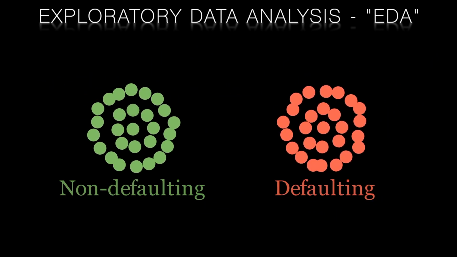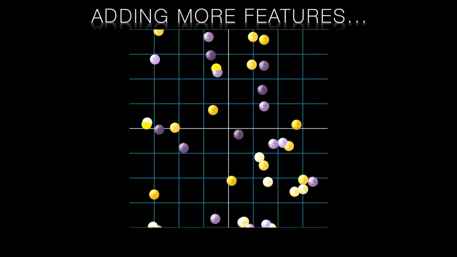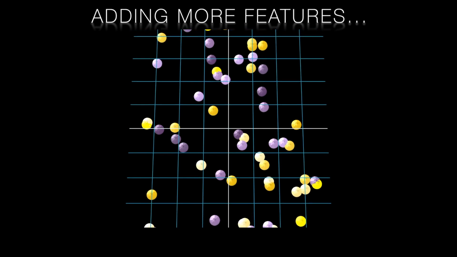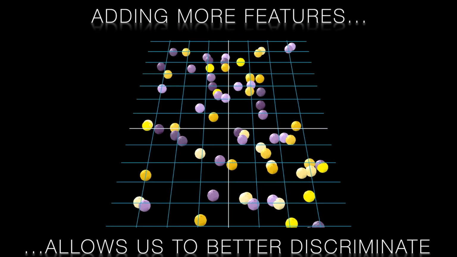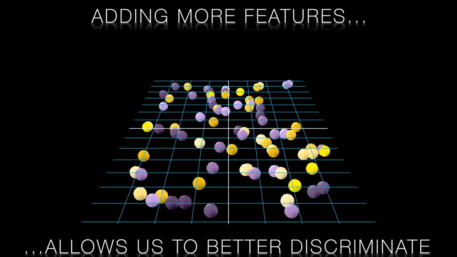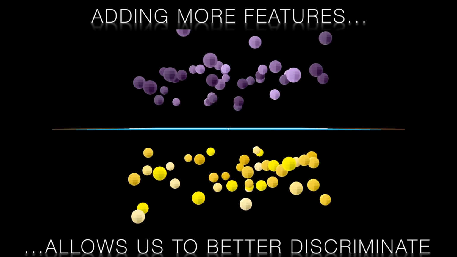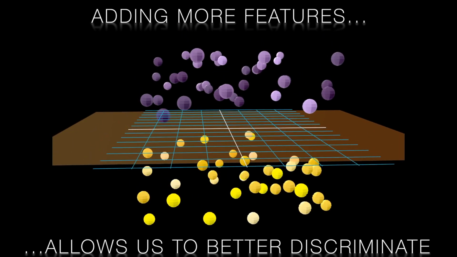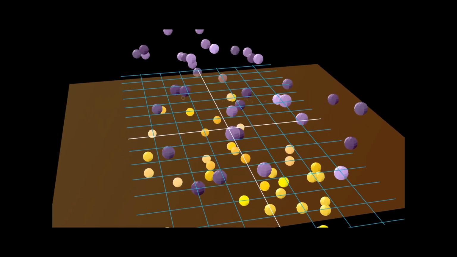But as we add more features to our analysis, we can become more discriminating between the data and begin to understand that decision boundaries between defaulters and repayers exist. Clearly, it's difficult for us to visualize data in more than 3 dimensions, and 3 parameters is rarely enough to enforce strong decision boundaries.